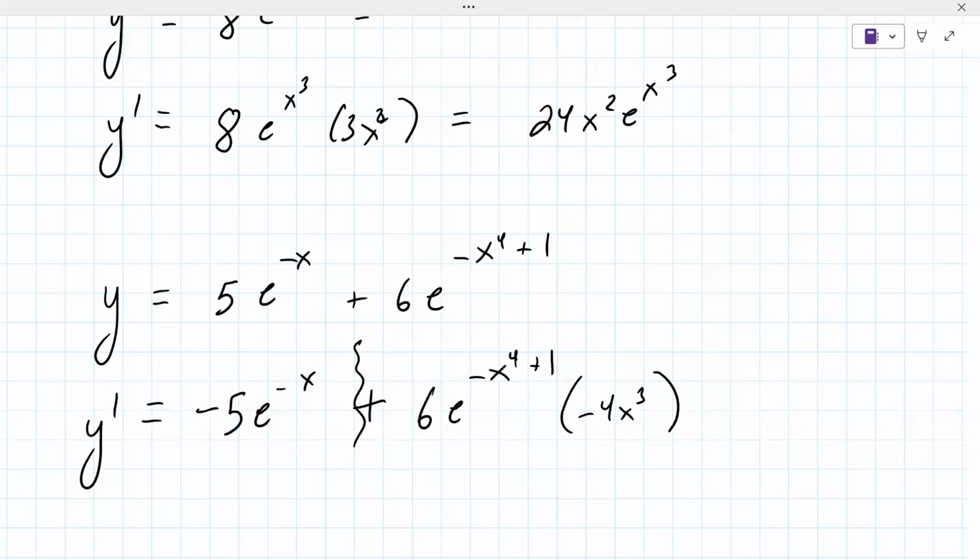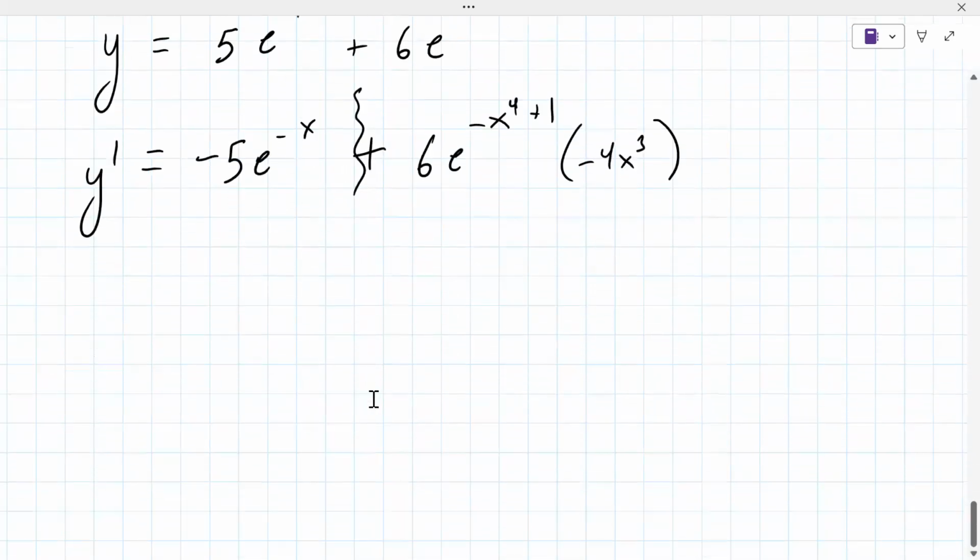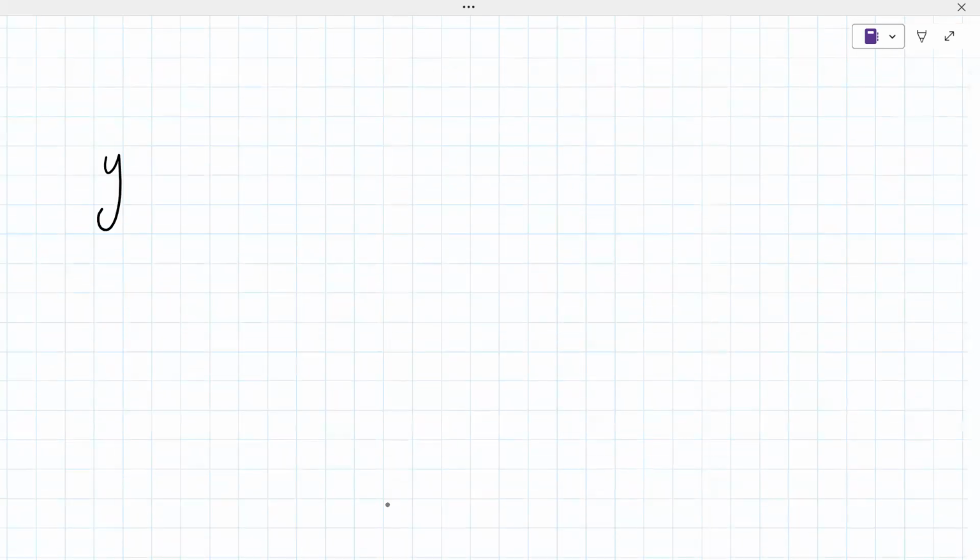There's a plus in the middle there. Okay. Let me rewrite it here just in case you had to simplify it. It ends up being a minus 24x cubed e to the minus x to the fourth plus 1. All right. What if it was something like y equals e to the tangent of 2x?